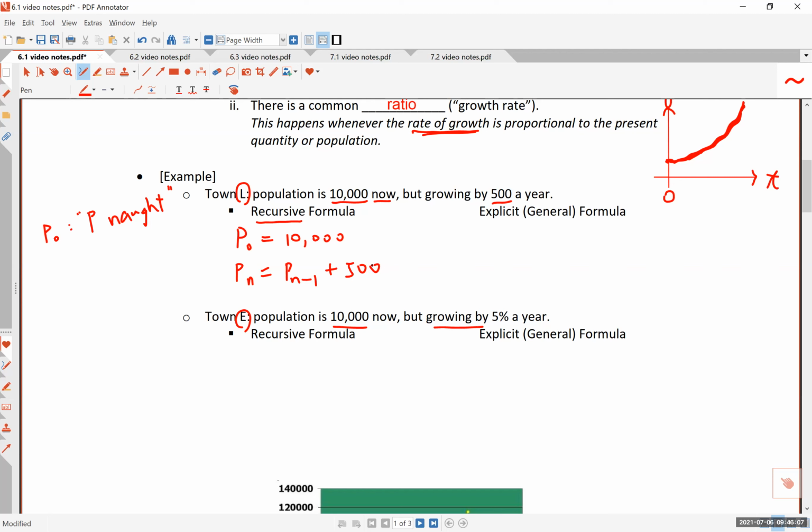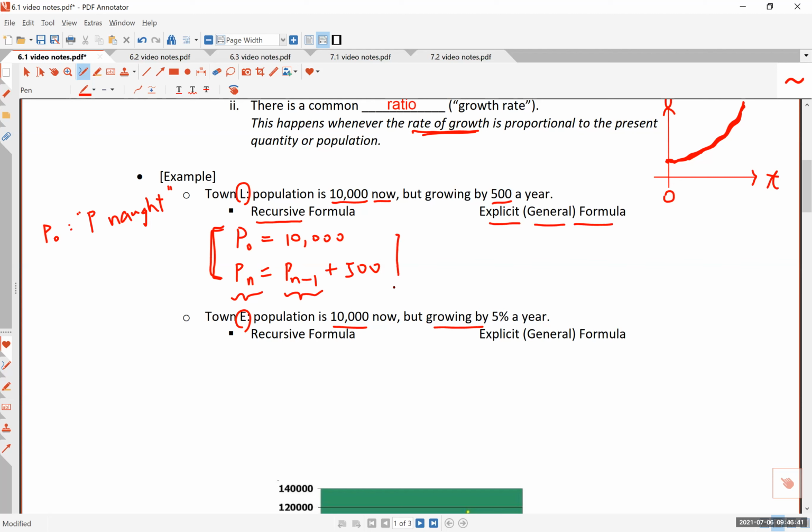This is the population of the year n-1, and you add 500 to get the population of this town in year n. Together, these 2 equations are called the recursive formula for describing this kind of linear growth. Make sure you write this down because you will have questions in your homework where you are to write recursive formulas.